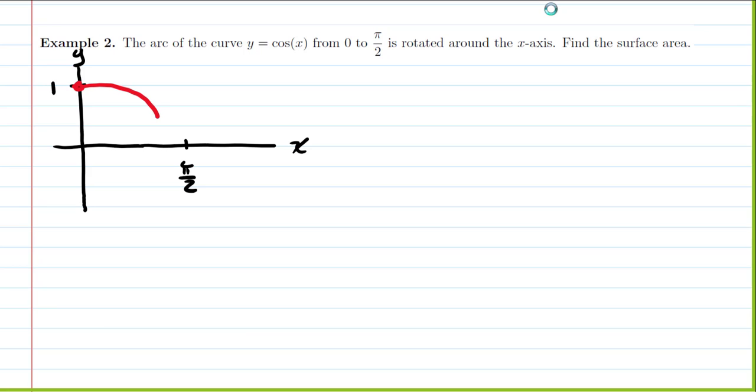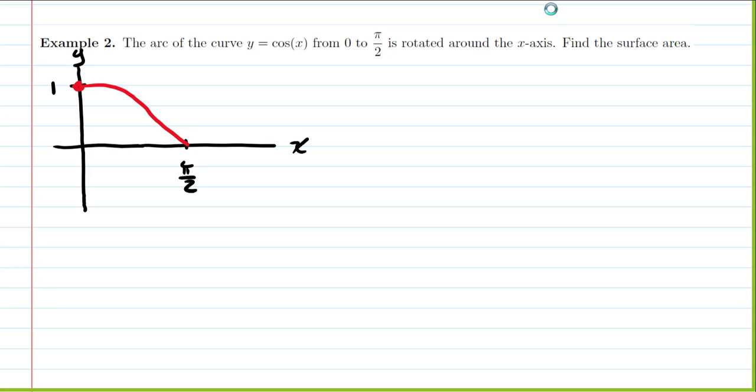So the cosine function looks kind of like this. Yeah, close enough. And we want to find the surface area of this when we rotate it about the x-axis.